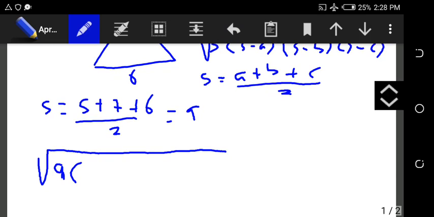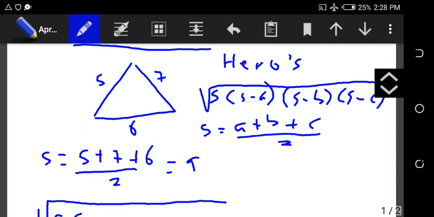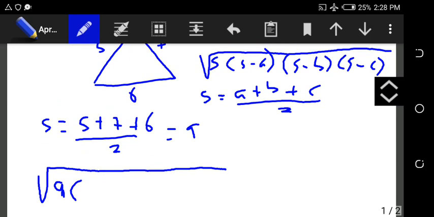Let our A be 5 and our B 7 and our C 6. Okay, so going back to the formula, S minus A, our S is 9 minus A, which is 5. 9 minus 5, that's 4. So we'll have a 4 here.